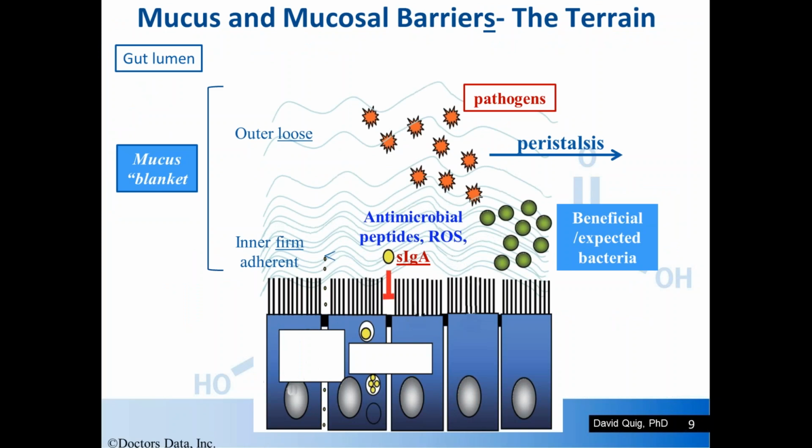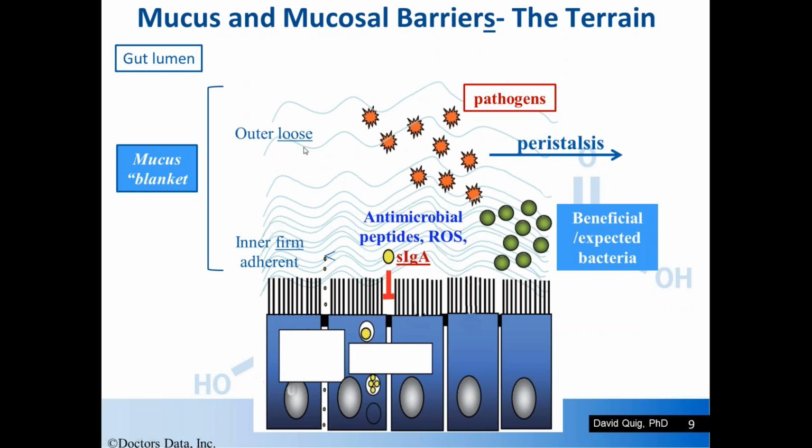Now, I'm a very visual person, and to really help comprehend what I just talked about with respect to the role of the beneficial bacteria, let's just take a look at the terrain, the different layers of the mucosal, or the intestinal barriers. From the lumen, surrounded by a blanket of mucus, we have our first barrier.